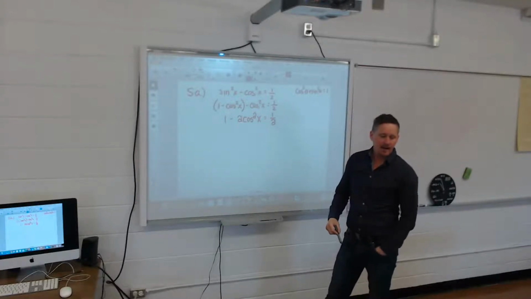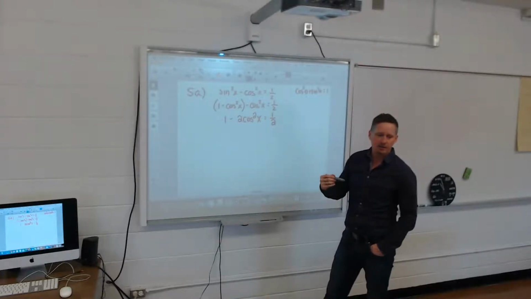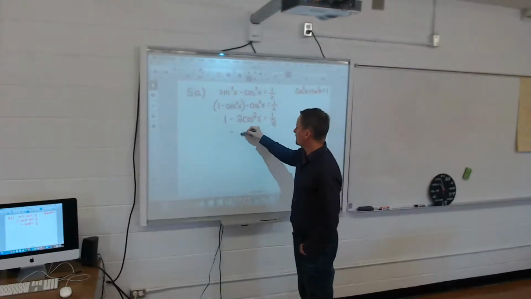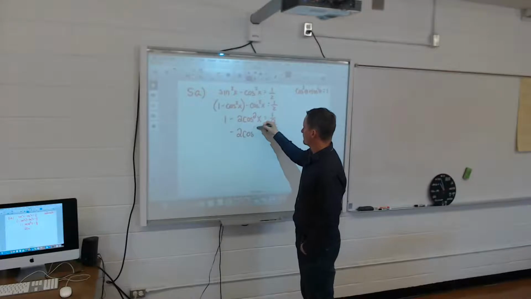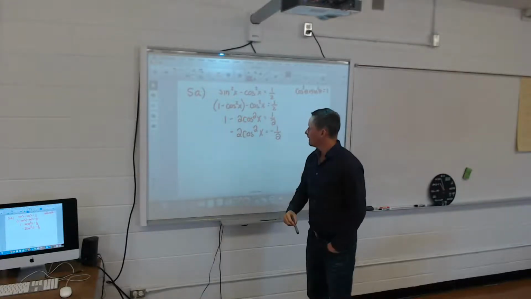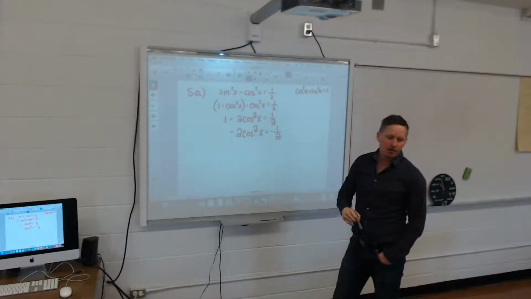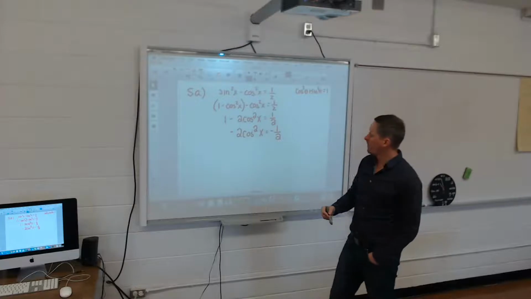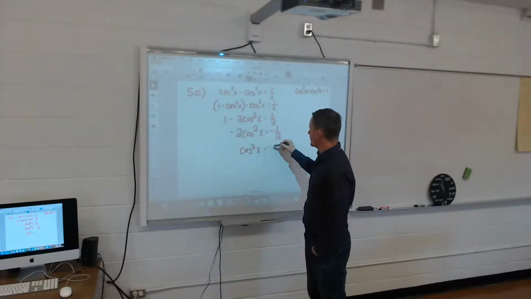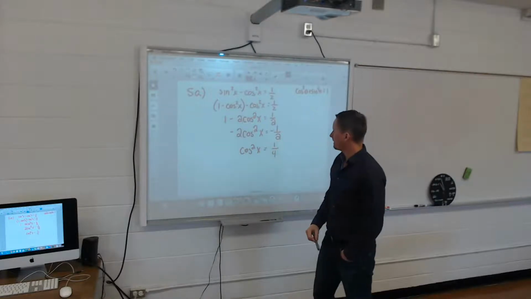Again, the best thing I can do is change them so they're all the same. I'm going to subtract 1, and then I'm going to divide by -2, or times by -1/2. So I'm going to end up with cos squared x equals 1/4.